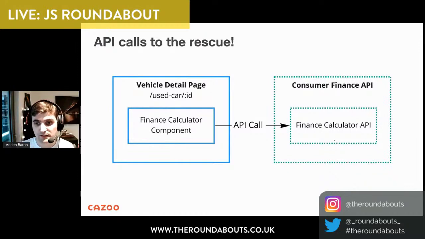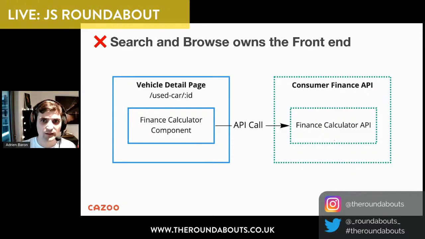We have an API call like this, where the finance calculator component on the vehicle detail page calls an API owned by consumer finance. One issue with this is that search and browse has within their code base the finance calculator, which is a UI that's all to do with finance and not really to do with any of their business concerns.